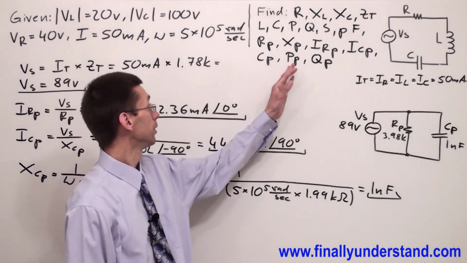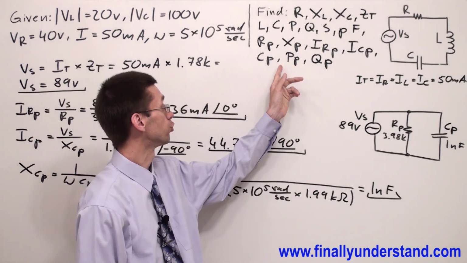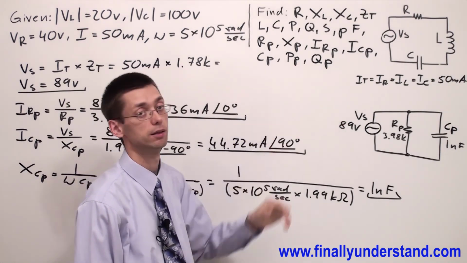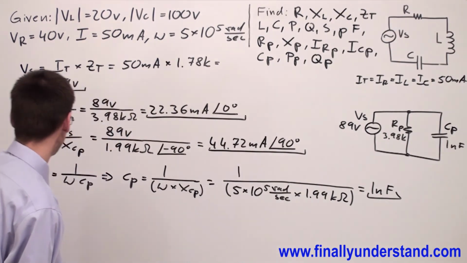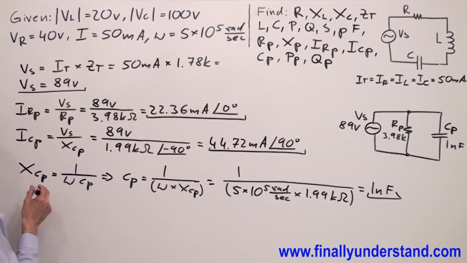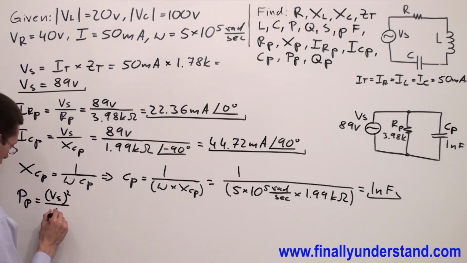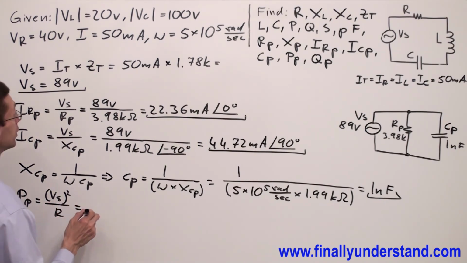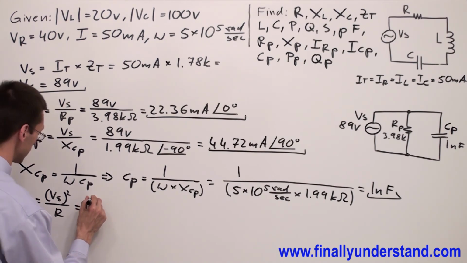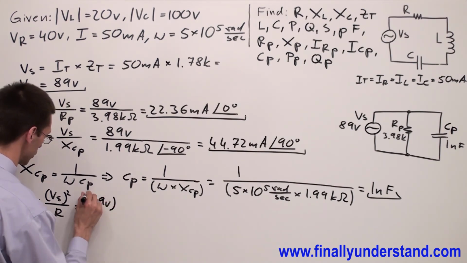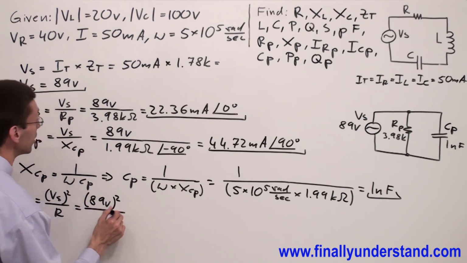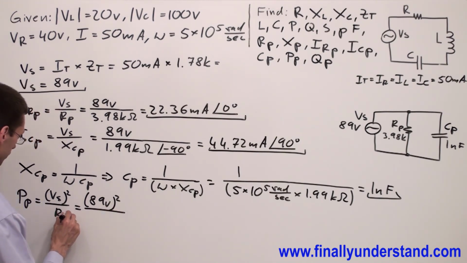So now we're supposed to find the true power in the parallel circuit and the reactive power. So true power is equal to voltage source raised to the second power over resistance, where voltage source we found is equal to 89 volts raised to the second power over RP, of course.